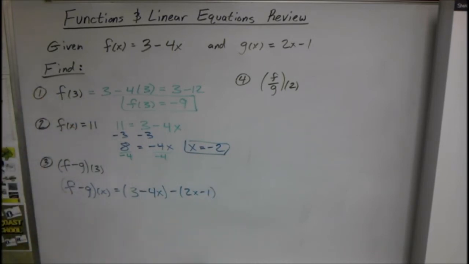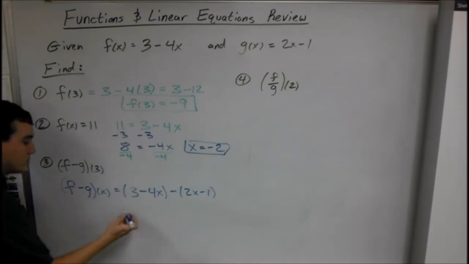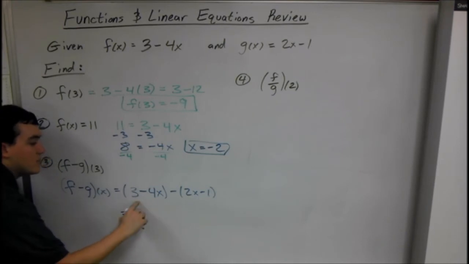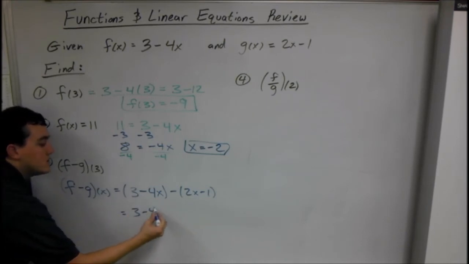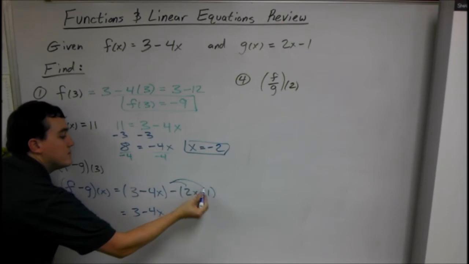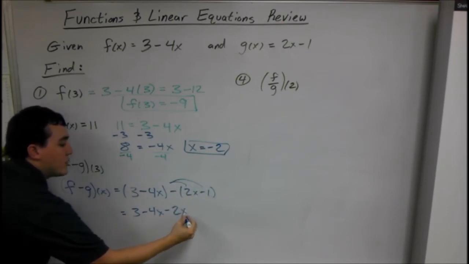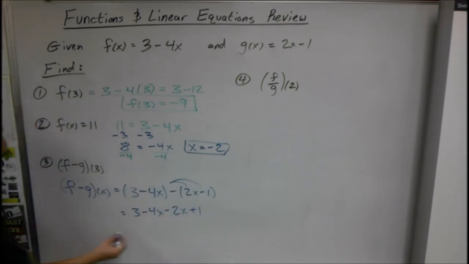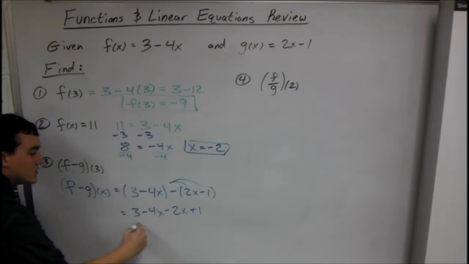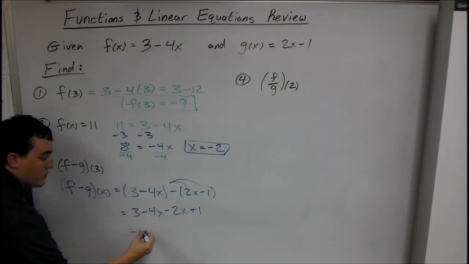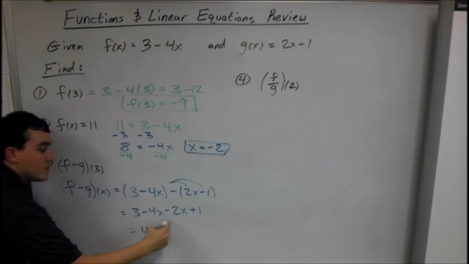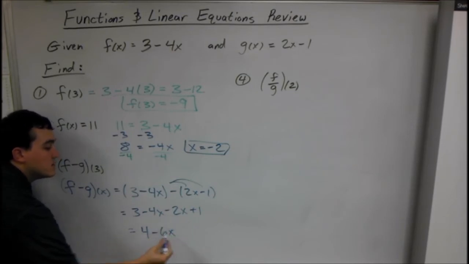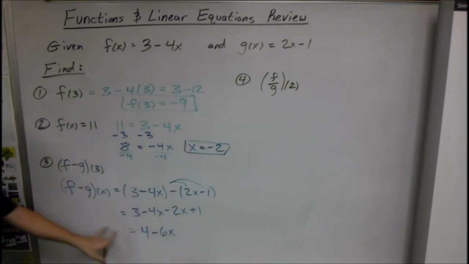Now you can't plug the number in here, but we're going to simplify this a little bit. This is the same as 3 minus 4x. Distribute the negative, negative 2x plus 1, and then add like terms. So 3 plus 1 is 4, and then negative 4x minus 2x is negative 6x. So really, f minus g of x is this.